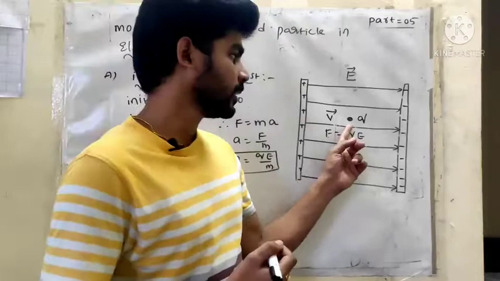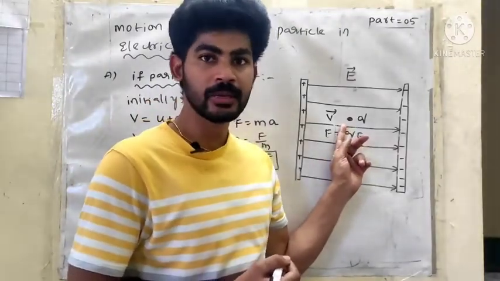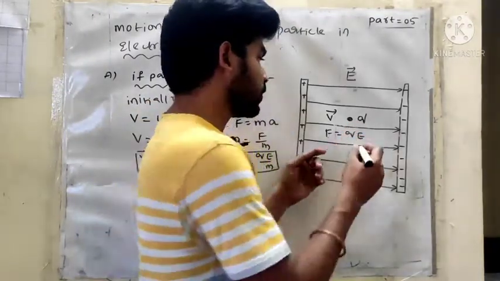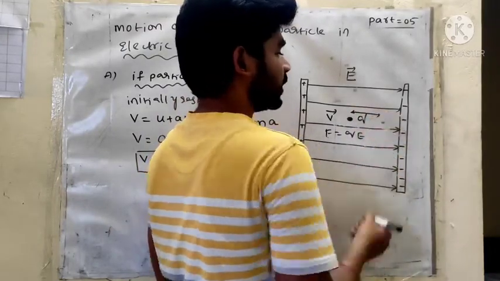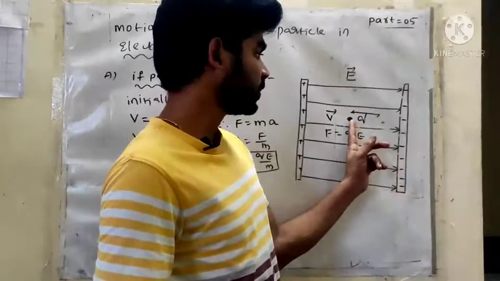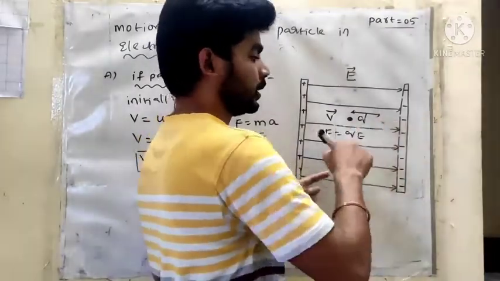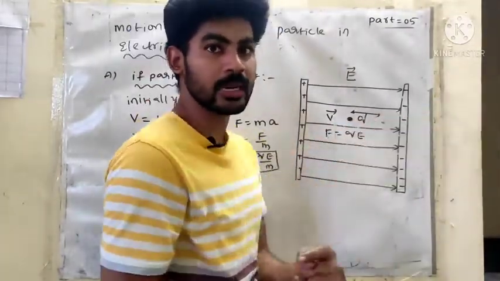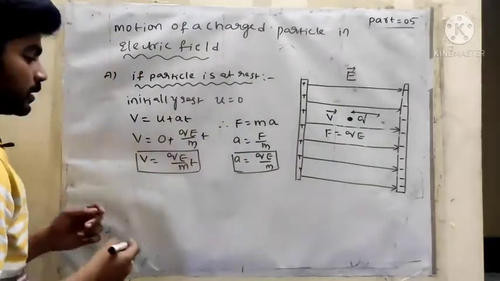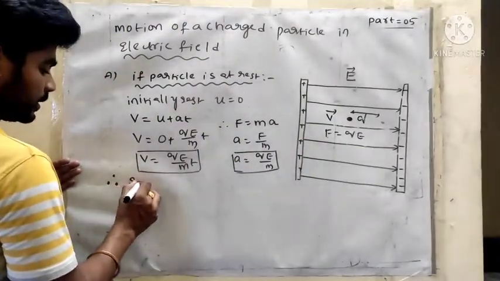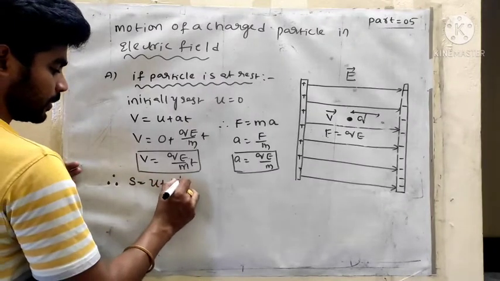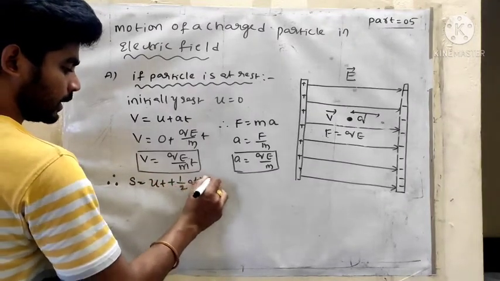This charged particle gains some velocity, which means it is displaced from this point to this point, horizontally only. How do we calculate the displacement? S is equal to ut plus half at square.